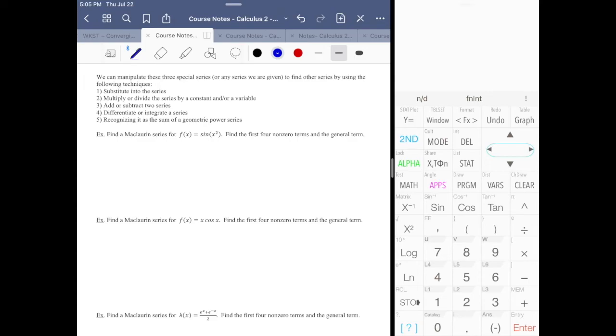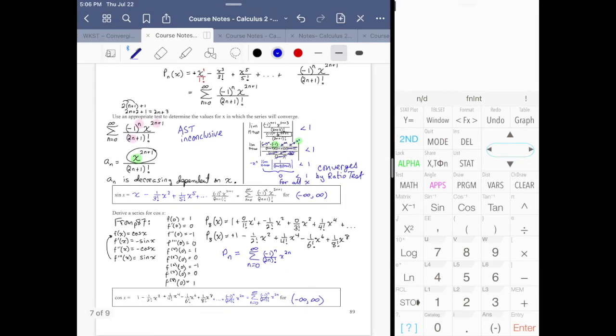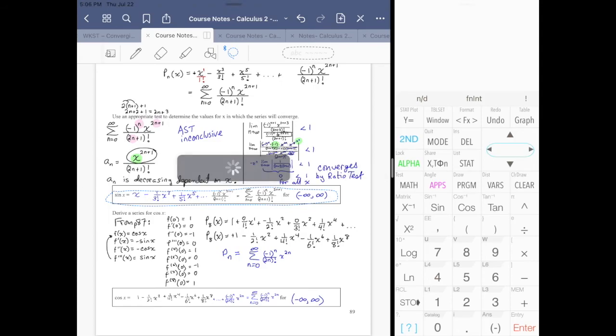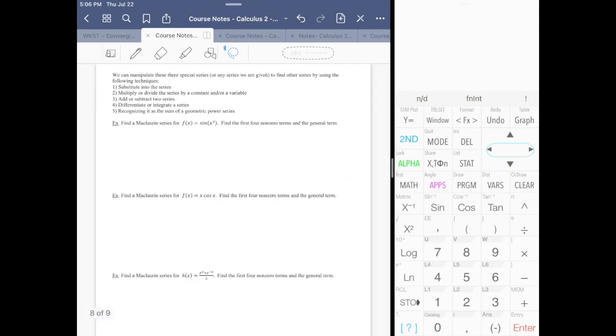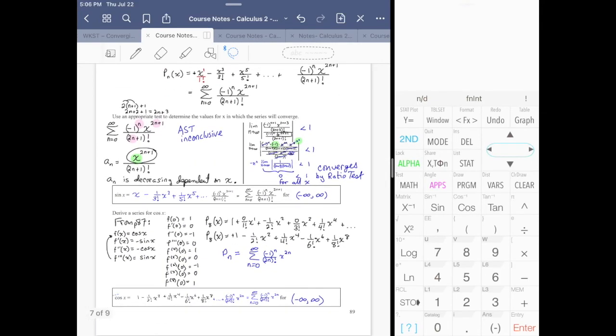All right, so for the first example, it says find a Maclaurin series for the sine of x squared. What we can do is go back and snag our sine of x. Copy, paste. And while I'm at it, I see in the second one, I'm going to need a cosine.